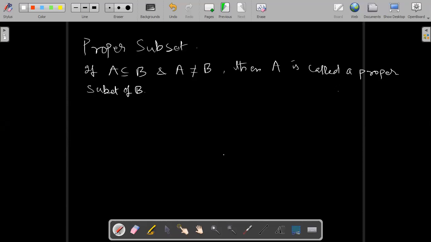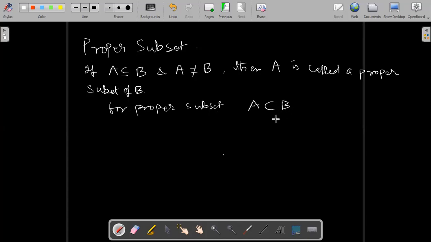One more thing, if A is a proper subset of B, then we used to write A is a subset of B, not equal, meaning less than. So for proper subset, we used to write like this.